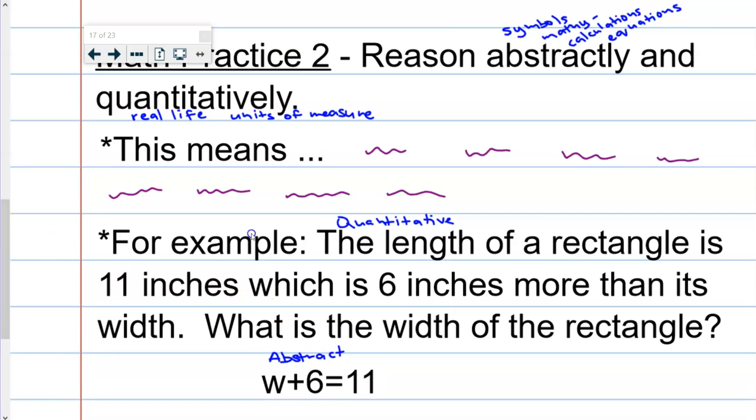Quantitatively. Yeah, it's real life, exactly. But I don't want you to get distracted and only focus on one word. I want you to tie in that whole math practice. When I say reason abstractly and quantitatively, how are we going to do both of those things? So think about that and how you can improve that, and let's go to Jaden.